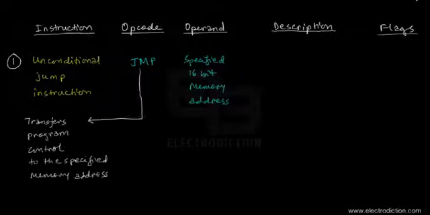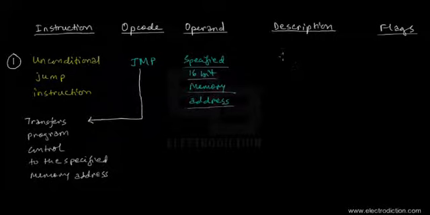In short, the JMP instruction will transfer program control to the specified memory address serving as the operand. Whenever a jump instruction is encountered in a program, the program counter gets loaded with this specified 16-bit memory address, and then immediately the program control gets transferred over there.